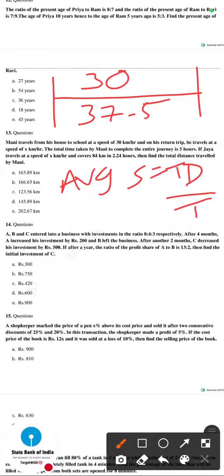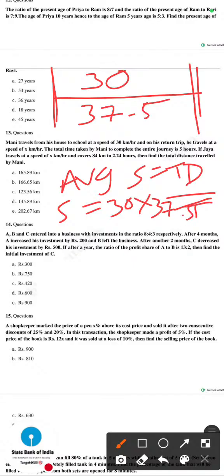This is the actual average speed concept, but here the distance is a common constant and there are two speeds, so the average speed will be 2 times 30 into 37.5 divided by the sum of these two, which is 67.5. So this is the total speed we get. Average speed equals total distance by time, and time is given as 5 hours.